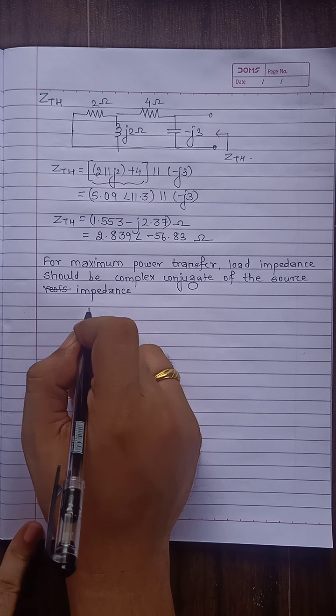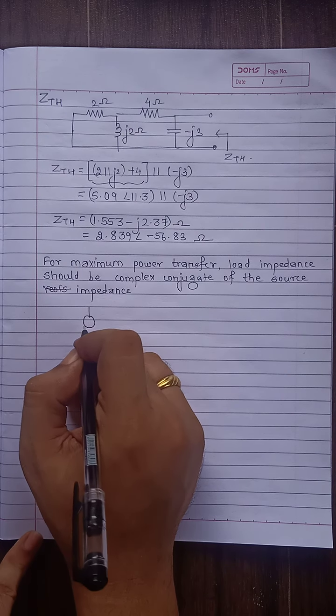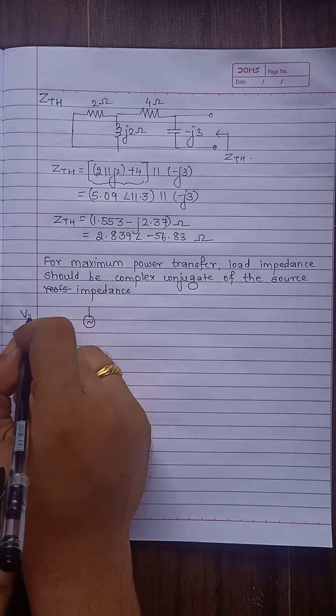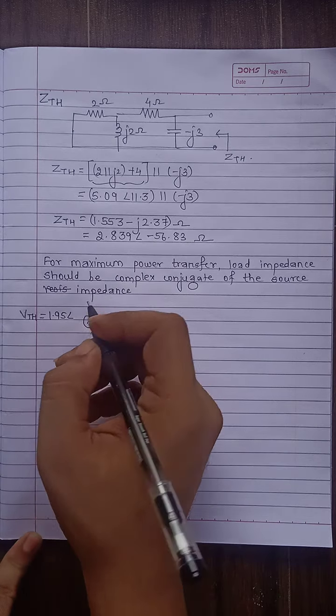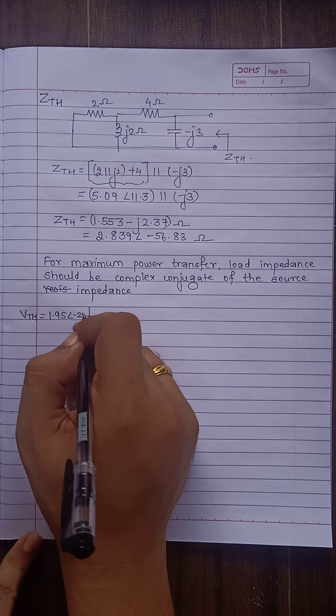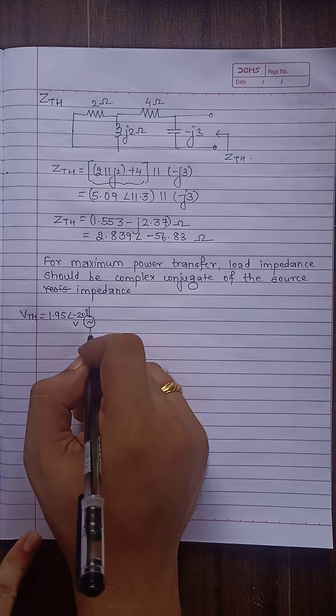So the diagram for the maximum power transfer: you have VTH, which we have found as 1.95 angle minus 23.2 degrees volts.